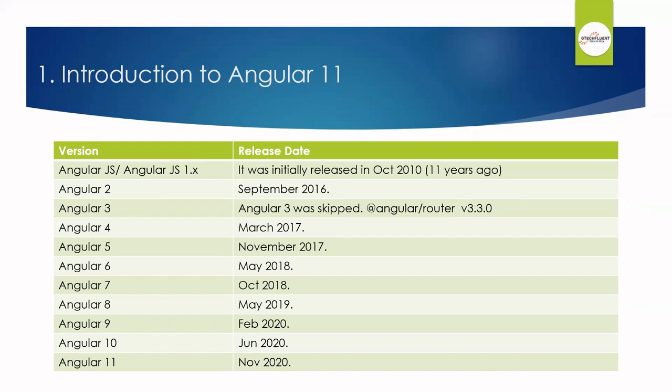So Angular 4 was introduced in March 2017, Angular 5 in November 2017, Angular 6 in May 2018, Angular 7 in October 2018, Angular 8 in May 2019, Angular 9 in February 2020, Angular 10 in June 2020, and the recent and new version is Angular 11, which was introduced in November 2020.